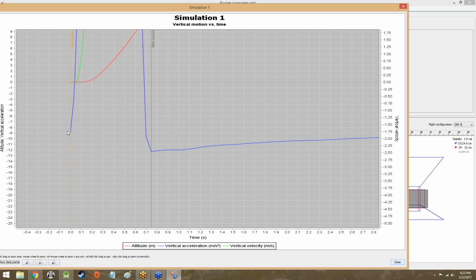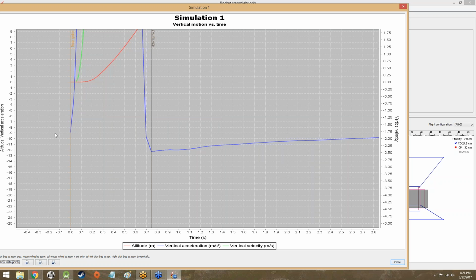It could be moving at 0 meters per second, but it's always going to have that negative acceleration component to it, even when it's sitting on the ground, because gravity's still pulling on it, still trying to pull it downwards. So we're going to have that negative component to it.